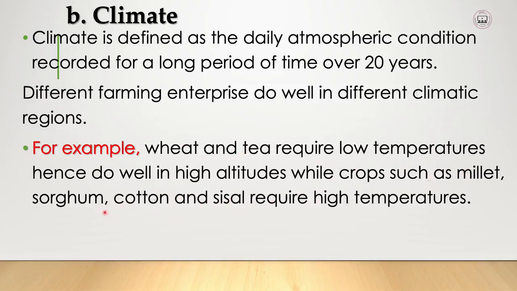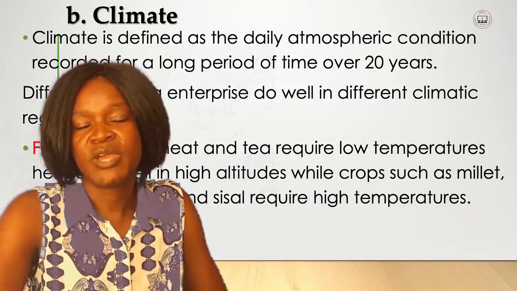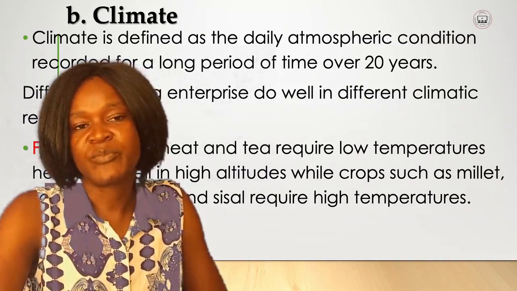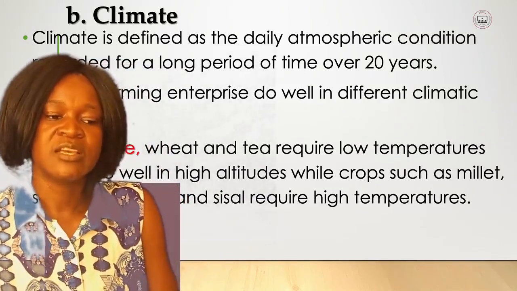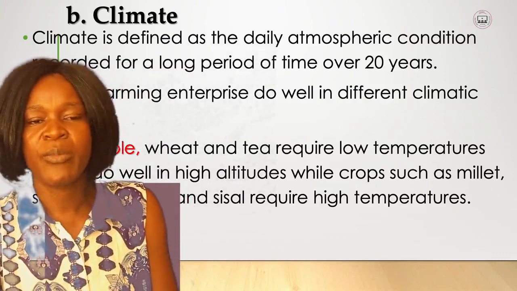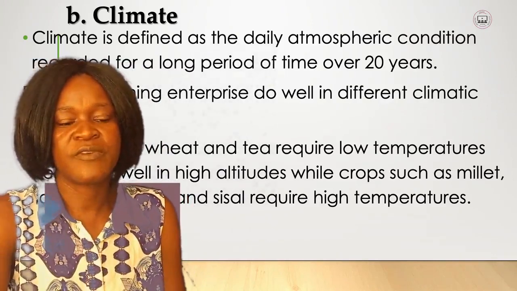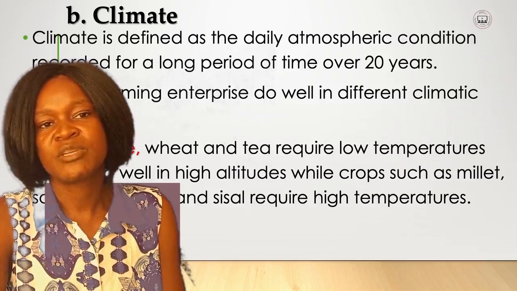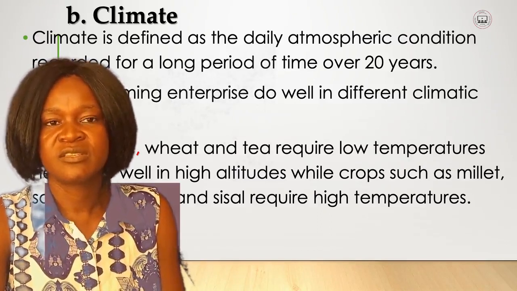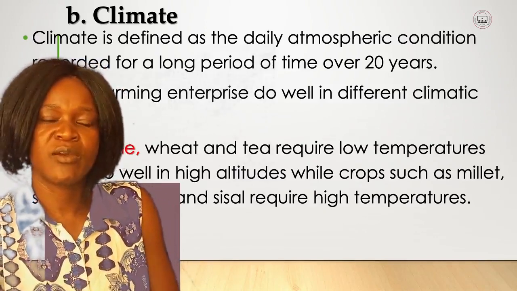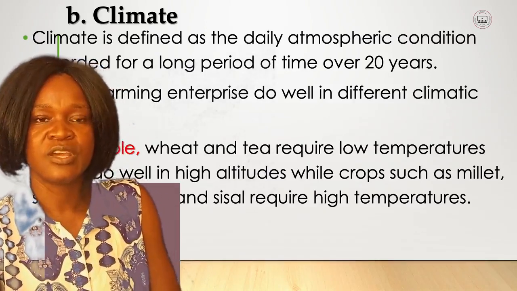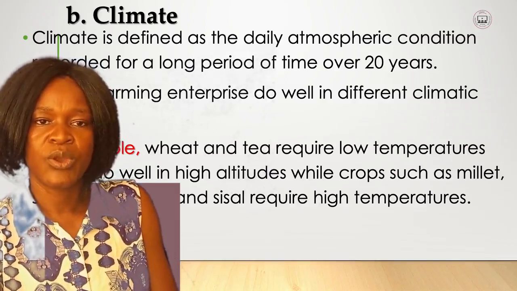While millet, sorghum, and cotton do well at high temperatures, there will be high production if they are grown at high temperatures, but low production if they are grown at low temperature. So some crops favor a certain climatic condition. If that climatic condition is not available in some other places, there will be low production for that particular crop or animal.